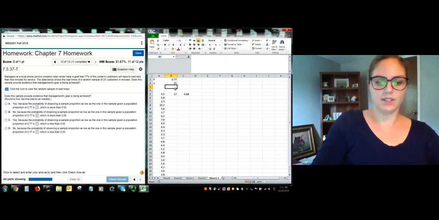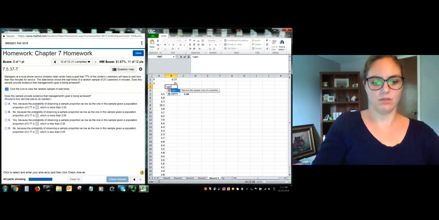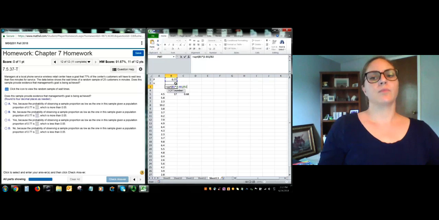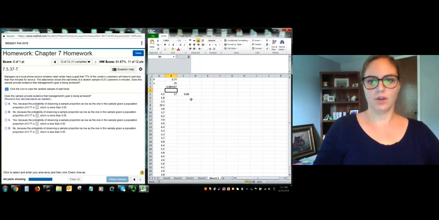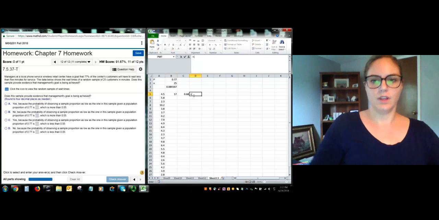But let's find what the standard error of the proportion is. So square root of this times 1 minus this divided by 25.